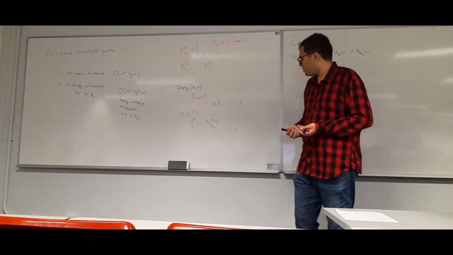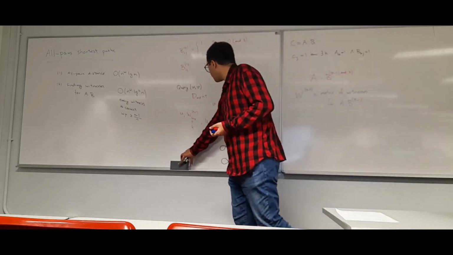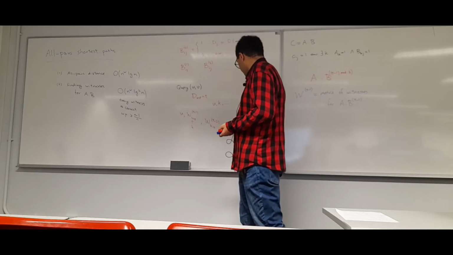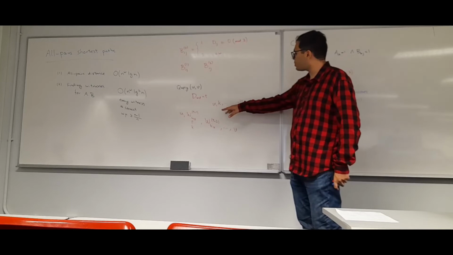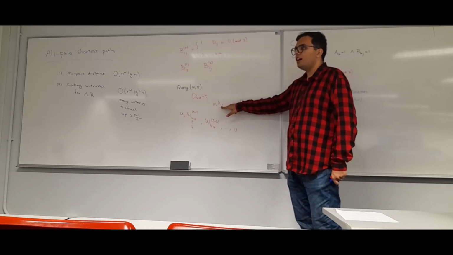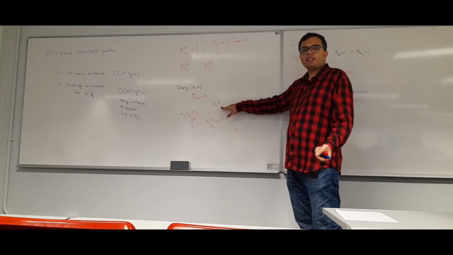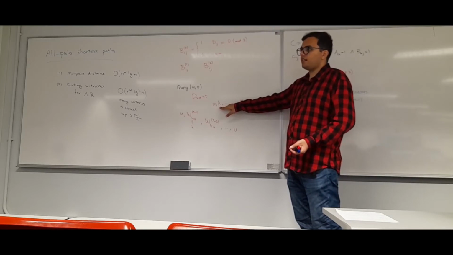So now I want to compute my expected runtime. So the expected runtime for just finding one witness, how much time do I need for that? With probability n minus 1 over n, I get my witness in constant time.